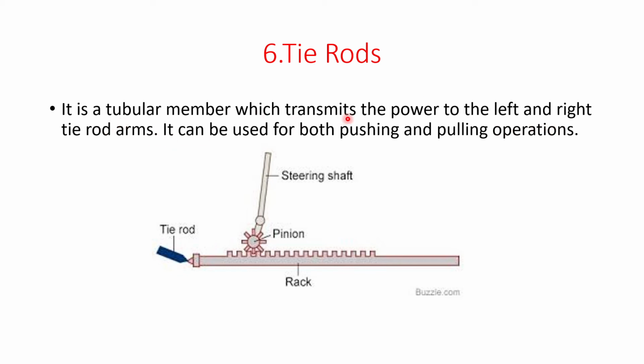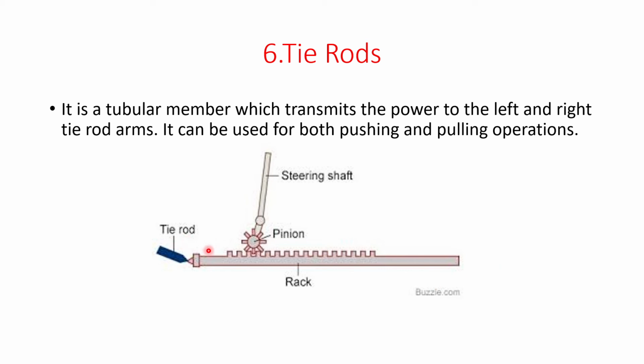It can be used for both pushing and pulling operations. The tie rods are fixed at the two ends of the steering linkage system, and this is used to transmit power to the left and right tie rod arms.